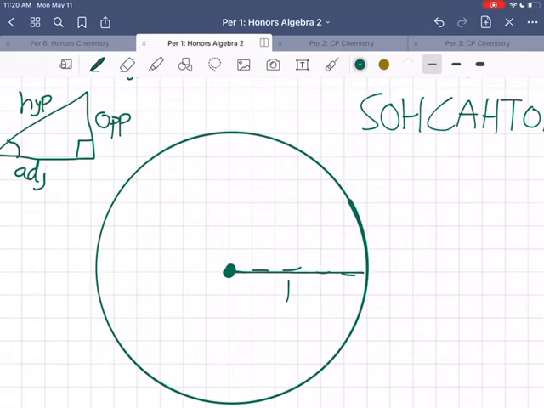Let's say that we just have a triangle within this unit circle. Let's put the triangle starting from the center point to here, and then it has its right angle, and then its angle comes down to there.